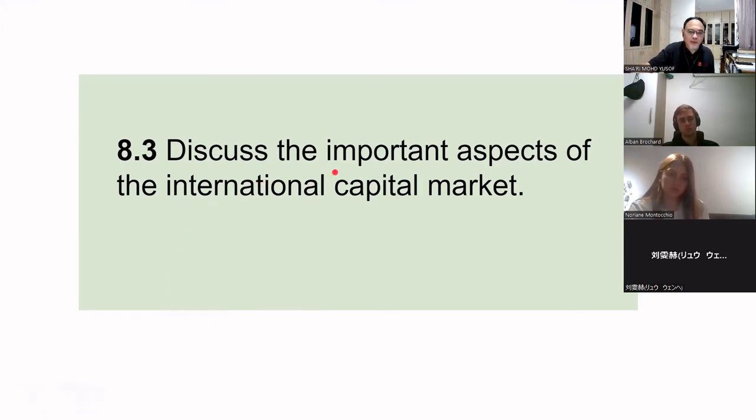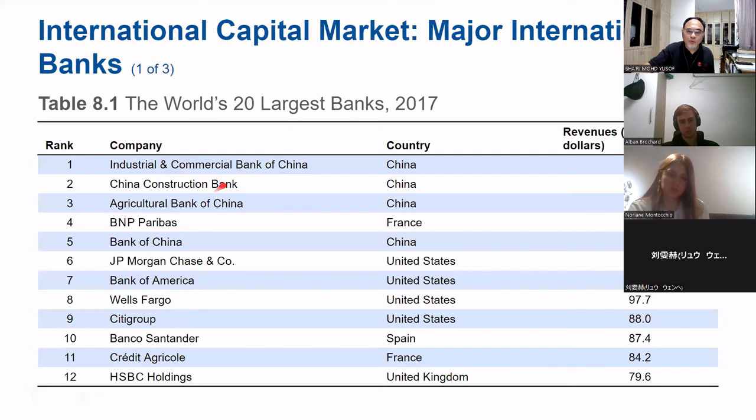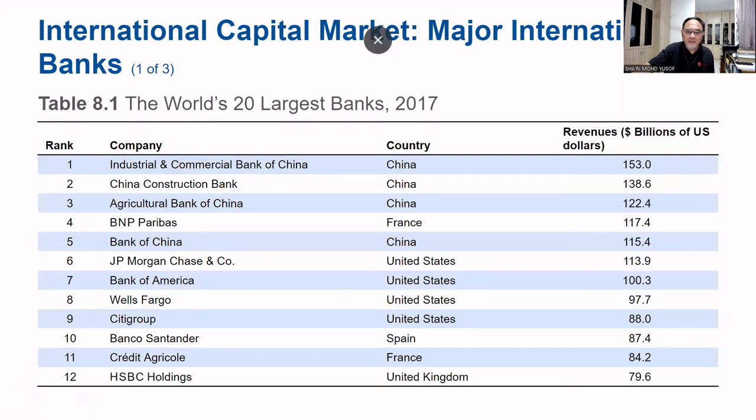This is the world's major international banks, the world's 20 largest banks in 2017. You can see here the top three are from China, France, and JP Morgan.